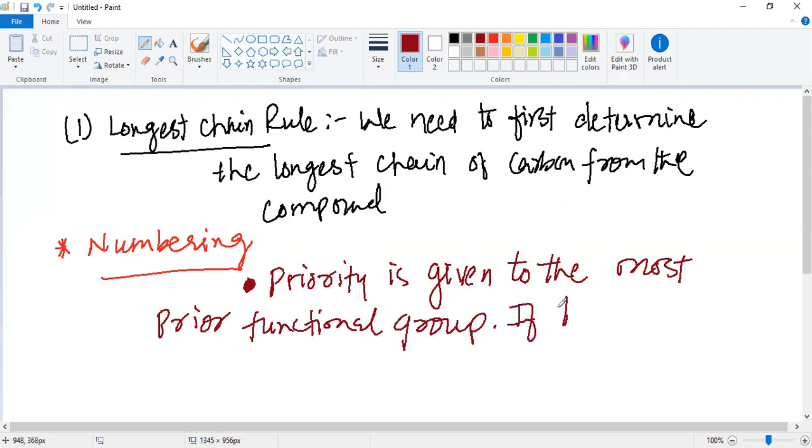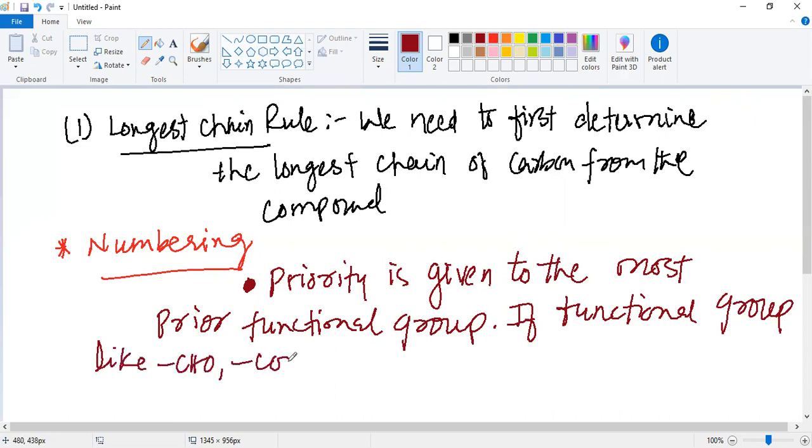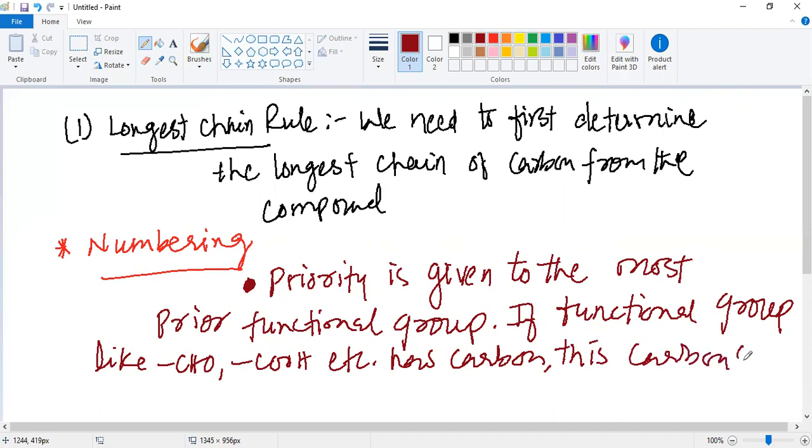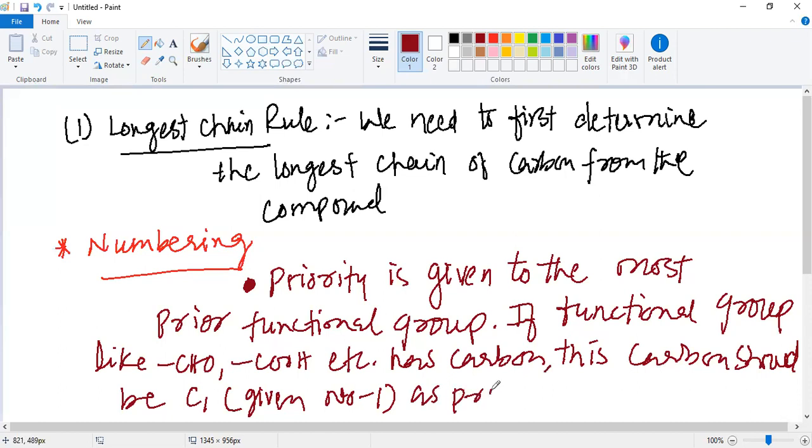If a functional group like CHO, COOH, etc. has carbon, this carbon should be C1, or given number 1 as priority.